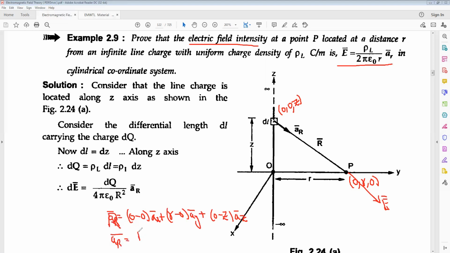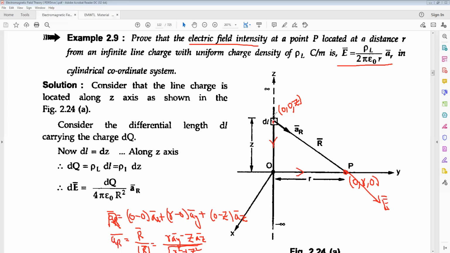AR bar is equal to R bar by the magnitude of R bar, that is AX bar is 0 and R into AY bar minus Z into AZ bar by under root of R square plus Z square. Got it? So to find the electric field intensity at the point P, take this part, and there is a part here.